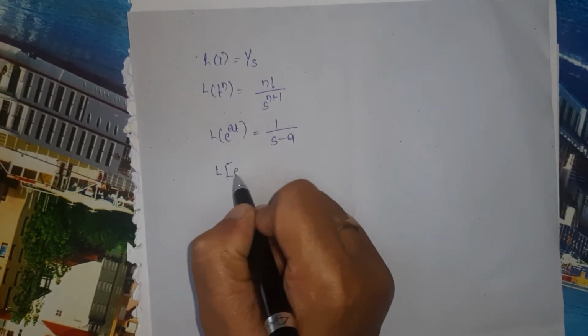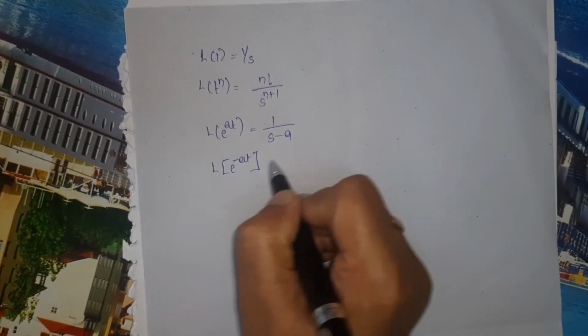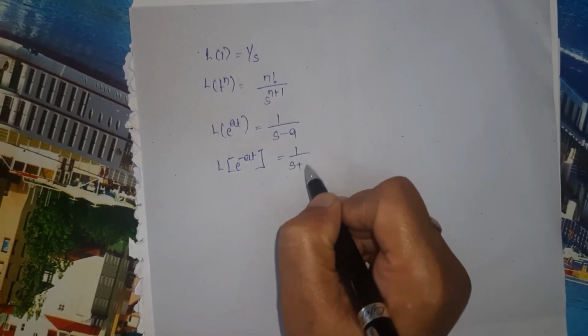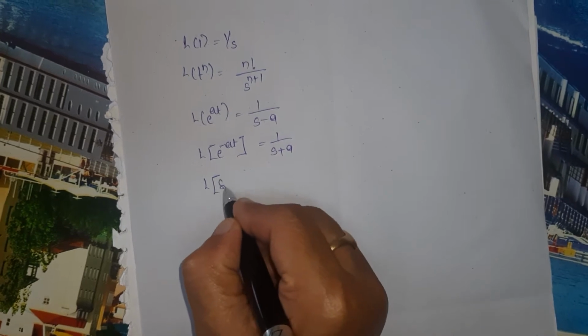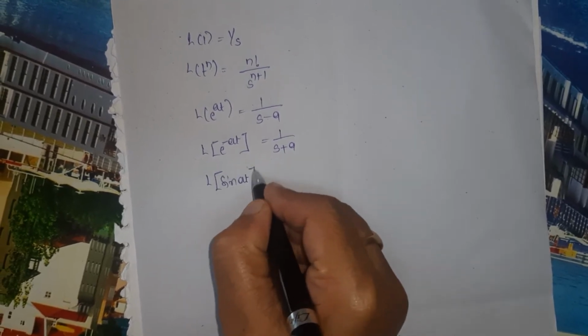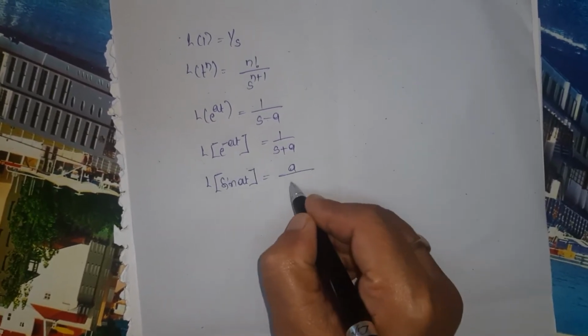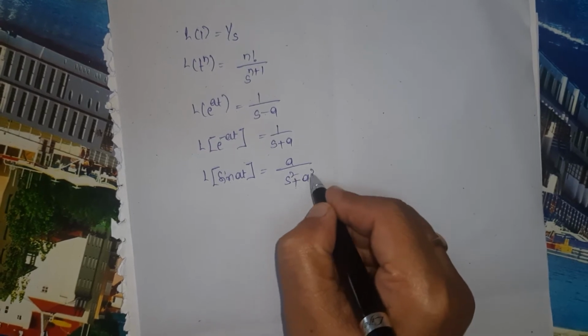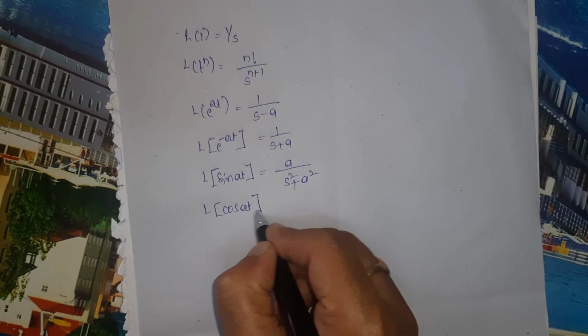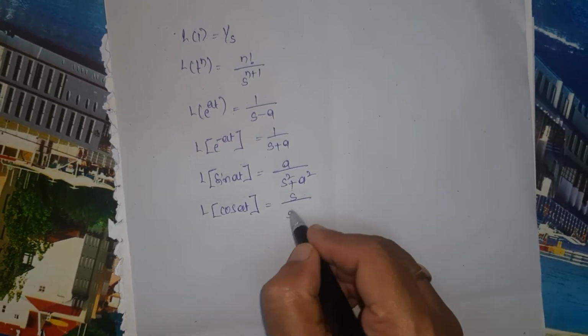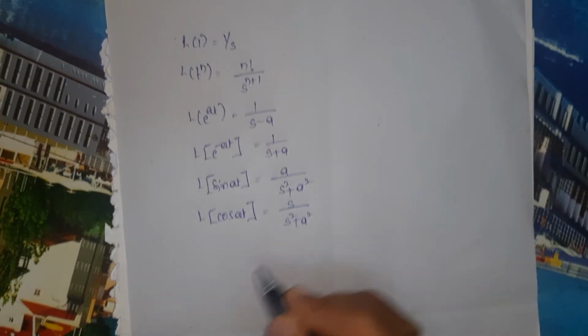Laplace transform of e power minus at is 1 by s plus a. Next, Laplace transform of sin at is a by s square plus a square. Laplace transform of cos at is s by s square plus a square.